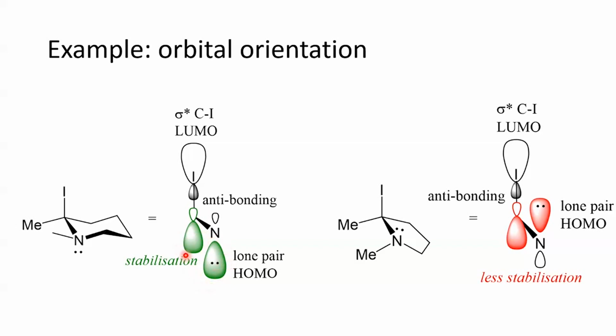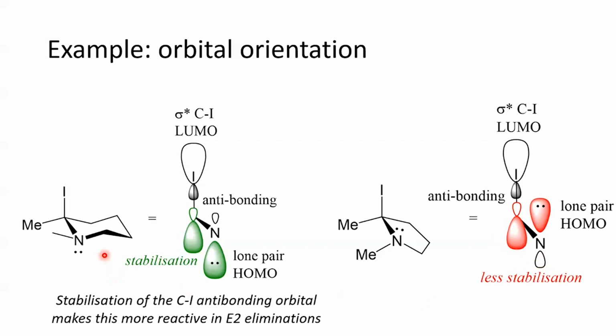So this lone pair is going to stabilize the anti-bonding state that would release iodine from the molecule. Looking at the other example, the lone pair isn't correctly oriented to stabilize this part of the anti-bonding interaction, or it does to a lesser extent. And so because of that lone pair stabilization, this molecule is more reactive in E2 elimination reactions, because the anti-bonding state is being stabilized, which means the iodine is freer to leave.